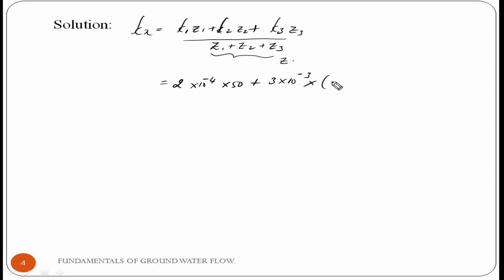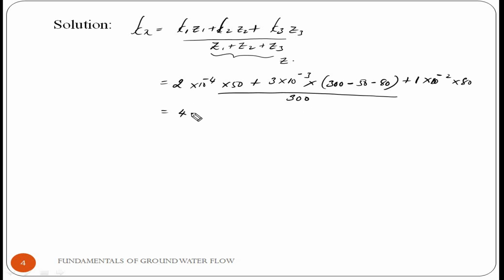So in centimeter it will be 300 minus the top layer and bottom layer, whereas the middle one they have not given. So if you subtract from this total Z value you will get the middle layer. So that's 300 minus 50 minus 80, plus 1 into 10 to the power of minus 2 into 80, whole divided by Z1 plus Z2 plus Z3, that is your total thickness 300.